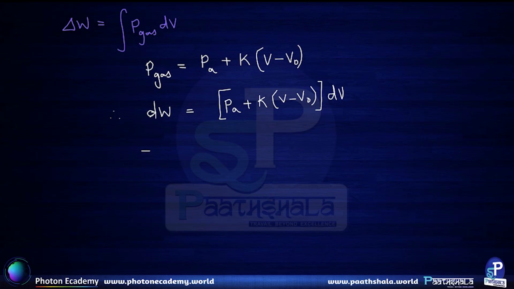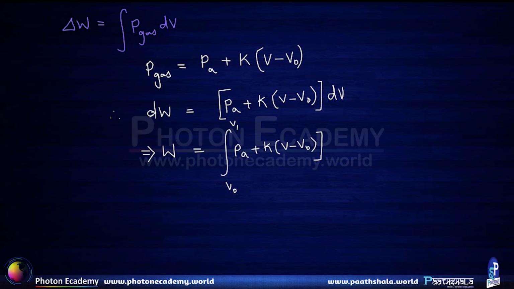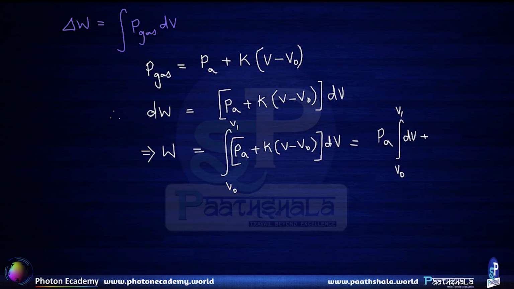So this implies the total work done W will be equal to integral from V0 to V1 of (Pa plus K times (V minus V0)) into dV, which will be equal to Pa integral V0 to V1 dV plus K times integral V0 to V1 of (V minus V0) times dV.